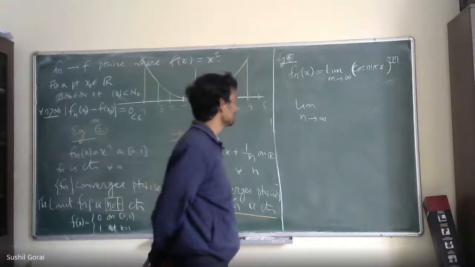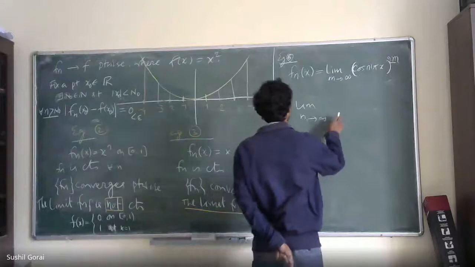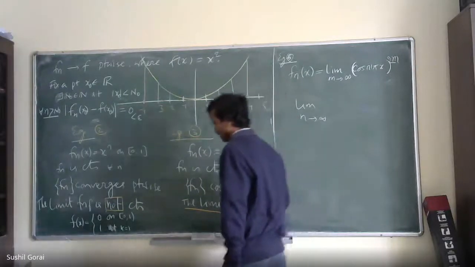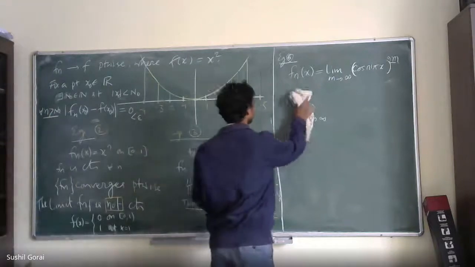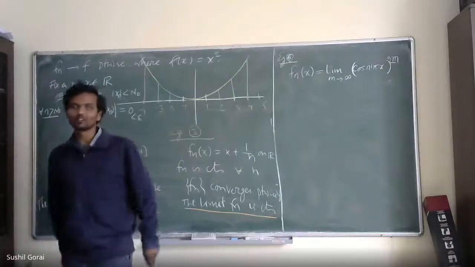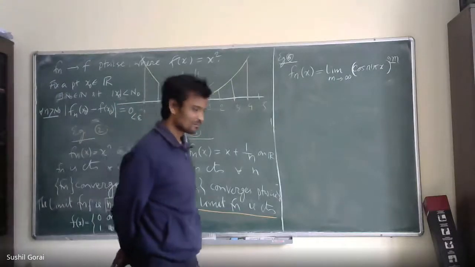The problem was, for example, f1. What was f1 earlier? Cos pi x to the power m. What is the value at x equal to 1? It's -1. How?